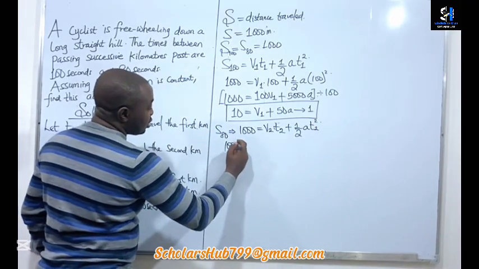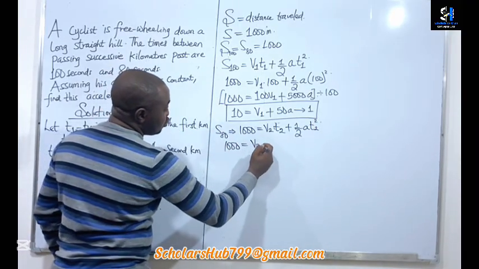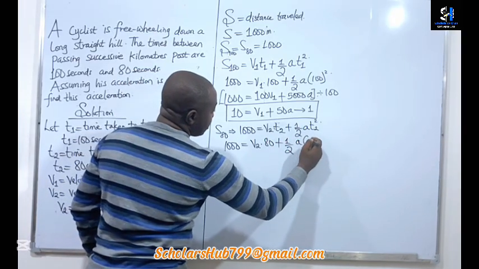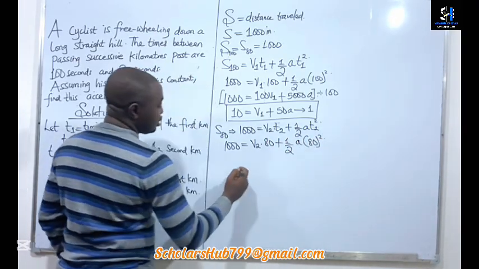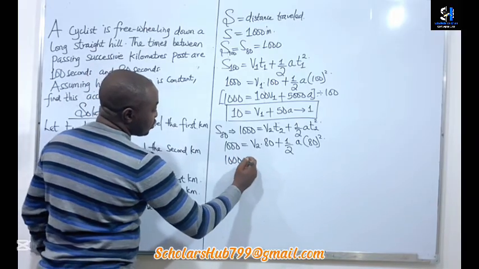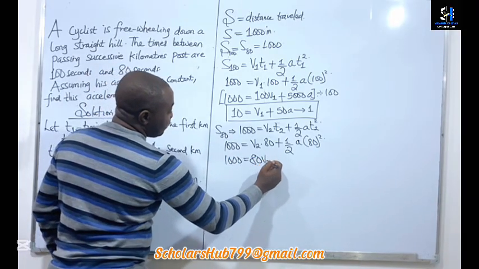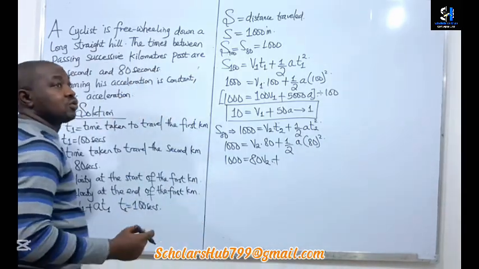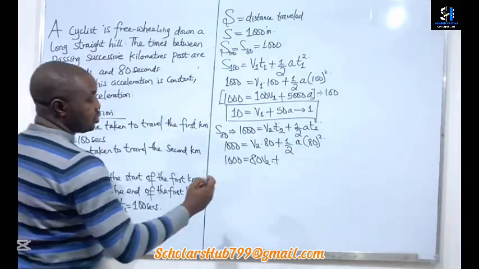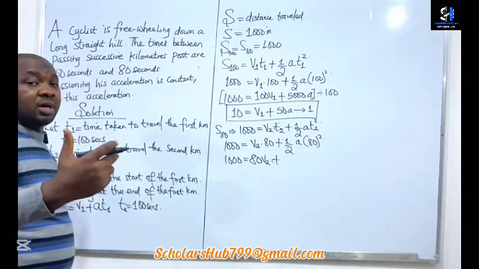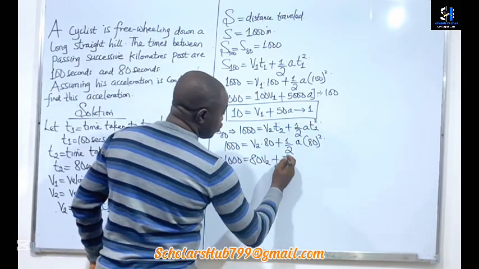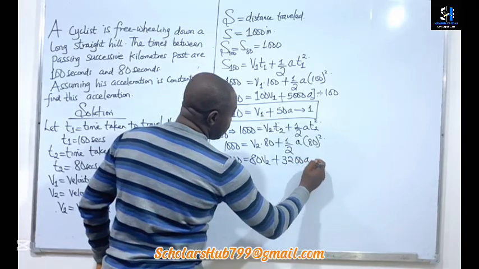So 1000 equals V2 multiplied by 80, then 1/2 of A times 80 squared. So this will be 1000 equals 80 V2 plus 80 squared, that will be 6400, then 6400 divided by 2, that will be 3200, times A.